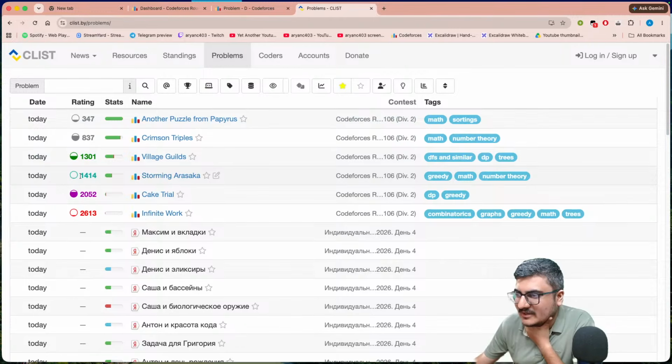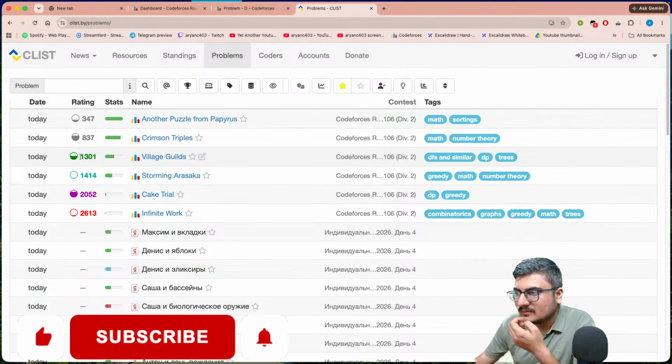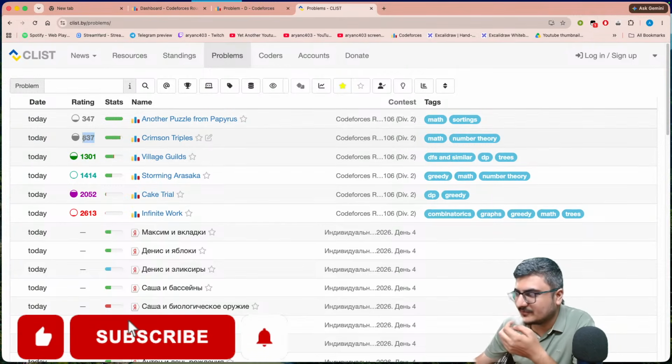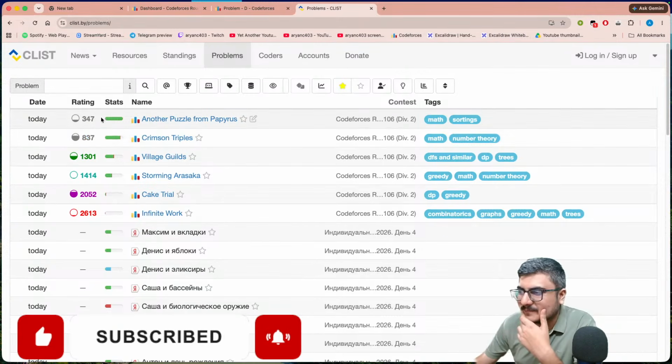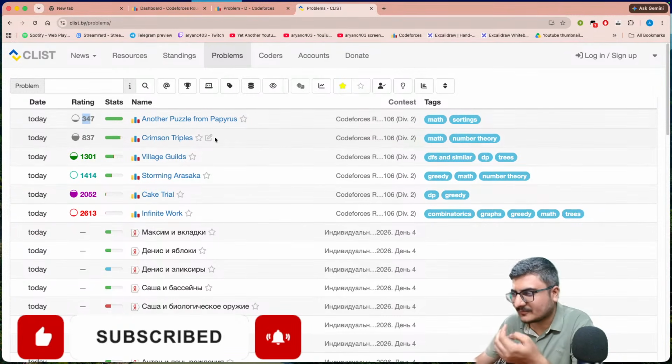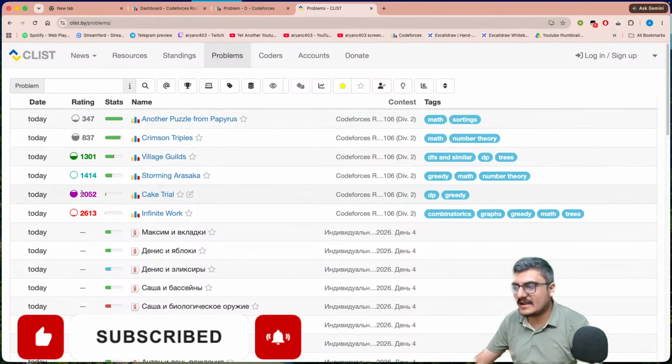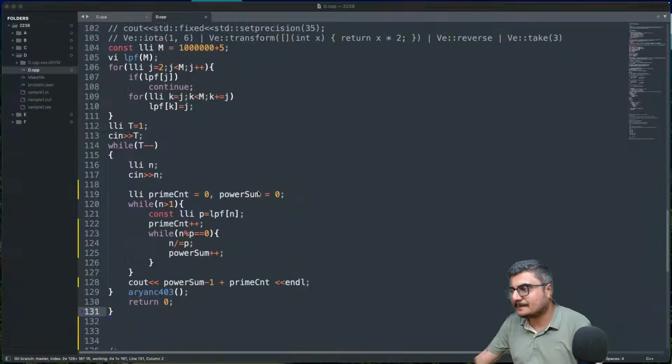But I would rate this problem around 1700 or 1800, at least 1800 is what I would rate it. This one would be 1500, and it is also 1500 if you are trying to prove it. If you are not trying to prove it, then it would be guess and AC. And this is the easiest problem of the set, and I could not solve it. I'm not sure if I would call it 2000 or something.